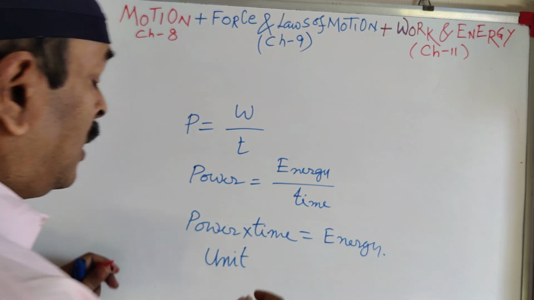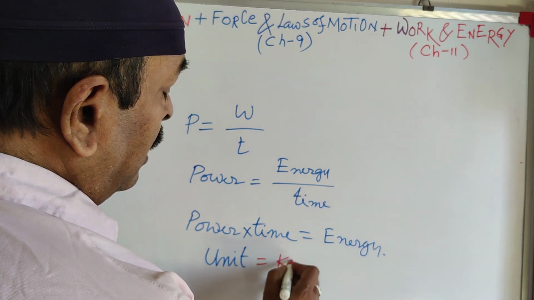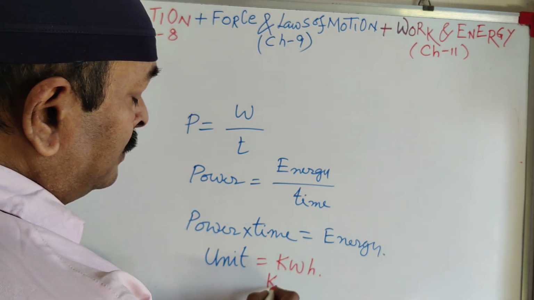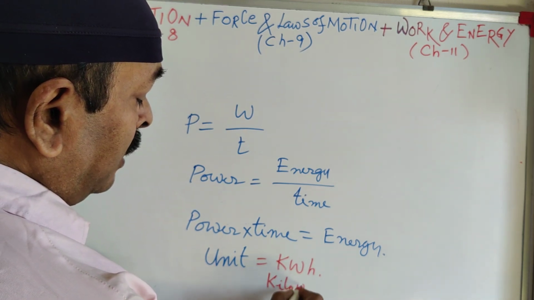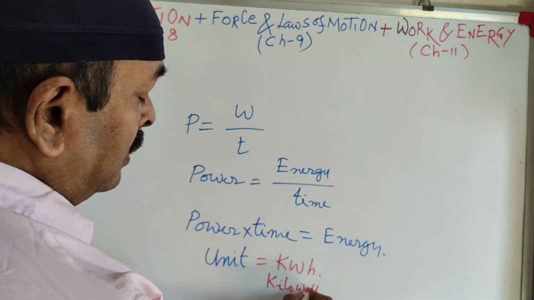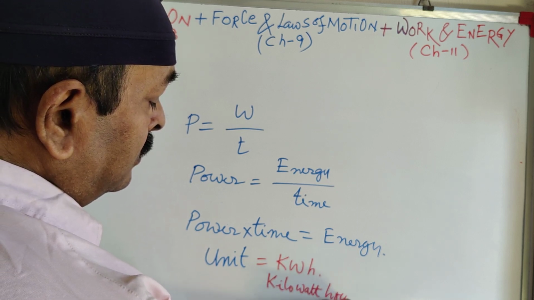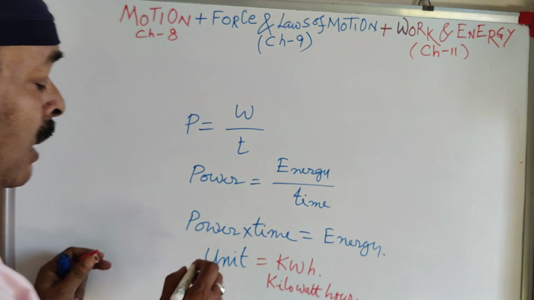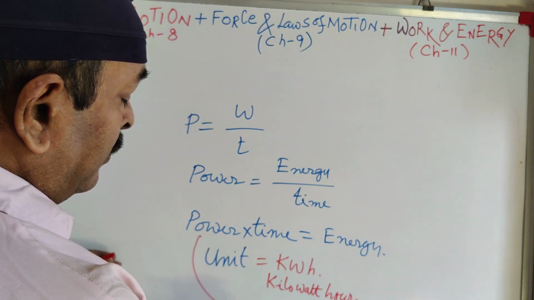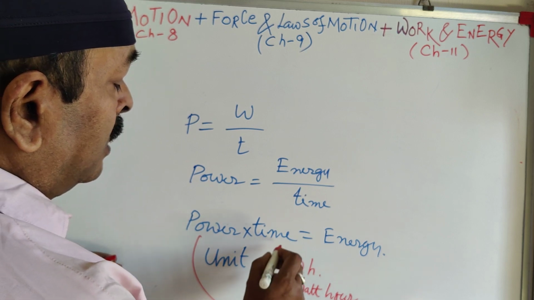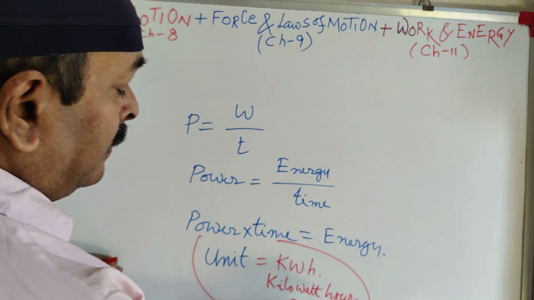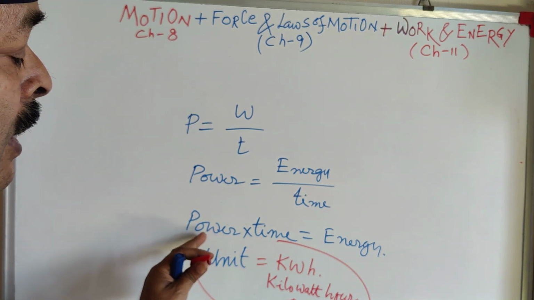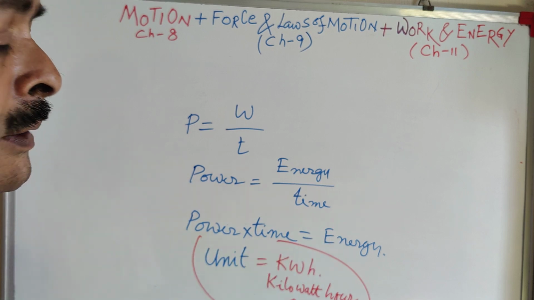So unit is equal to kWh, means kilowatt hour. What is watt? That is power. What is hour? That is time. So kilowatt hour means power into time, that means energy.